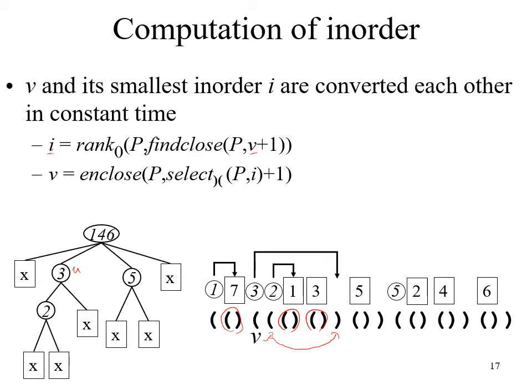Then we get 3. And given the smallest in-order I, we can find the position in the sequence by this formula. And these are done in constant time.